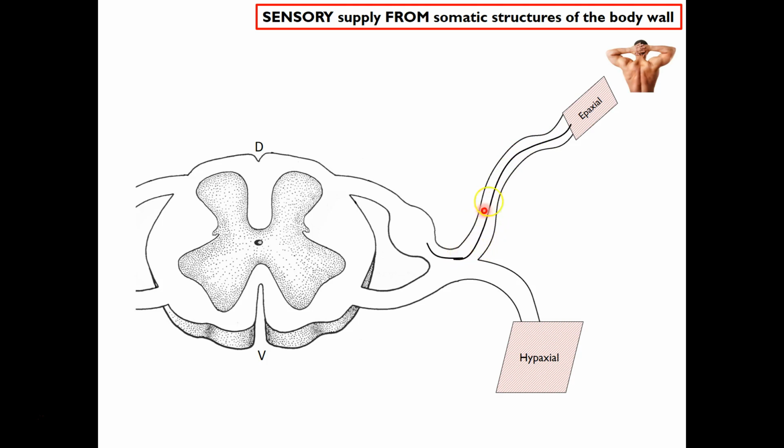So when it comes to sensory supply from the epaxial region, we travel down along the dorsal ramus into the mixed spinal nerve, and now we're going to sensory cell bodies. So think about the difference in terms of the structure of these different types of neurons, sensory and motor. There's not a synapse happening. There's more of a communication within that cell body, and here was our peripheral axon, and then there's a central axon coming back out.